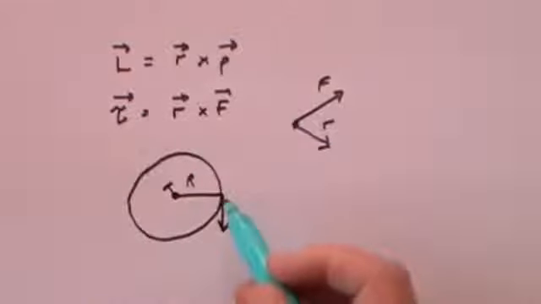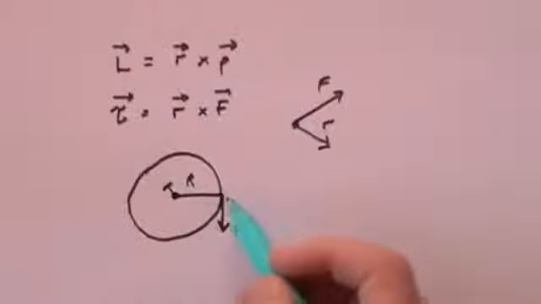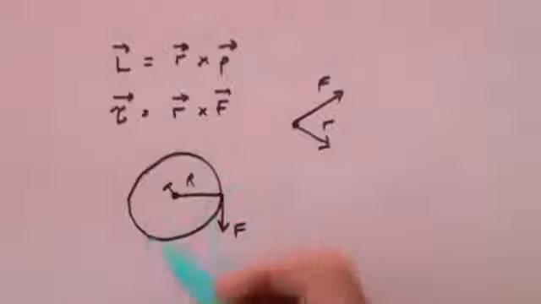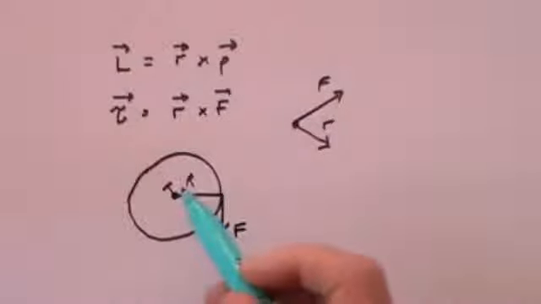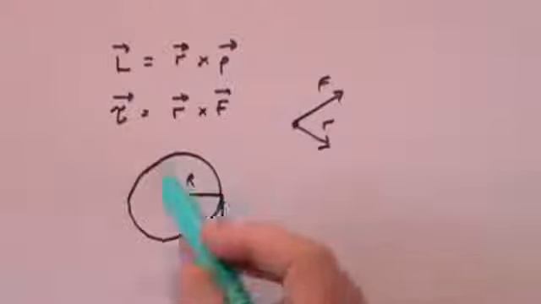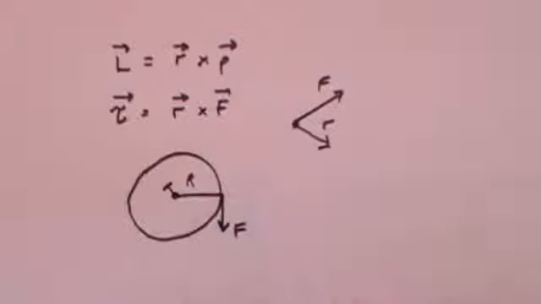But the important thing is that the torque will be along the axis of rotation. Since I'm going to turn this clockwise, the torque will be into the paper. If I were to apply the force in the other direction and make it go anti-clockwise, then the torque would come out of the paper.